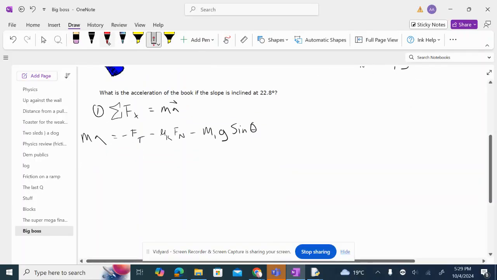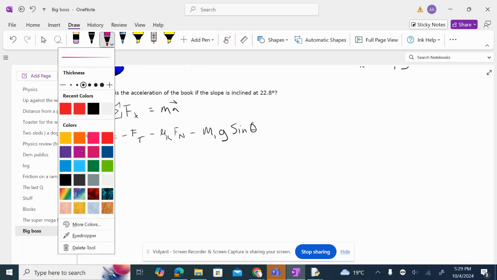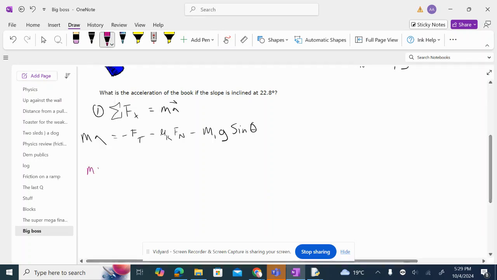So our new equation is going to look something like, ma is equal to, right? We know that the force of tension can be broken down to be m2g. We know that the normal force is going to be multiplied by mu k, because this together is the force of friction.